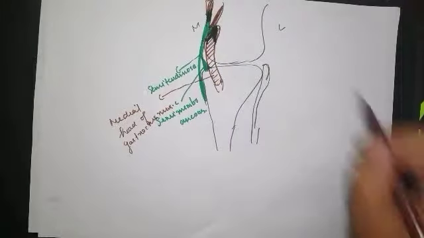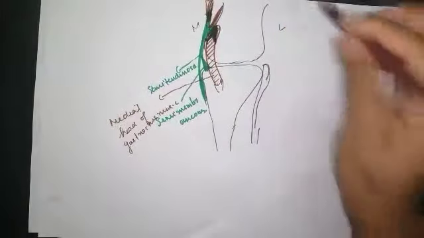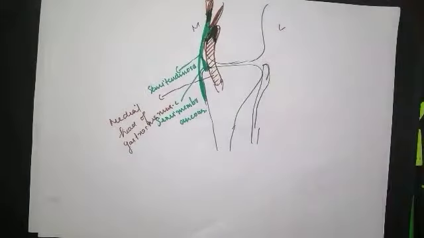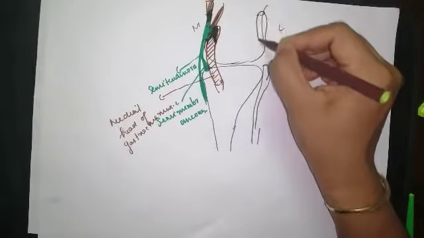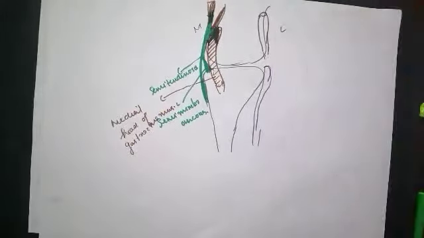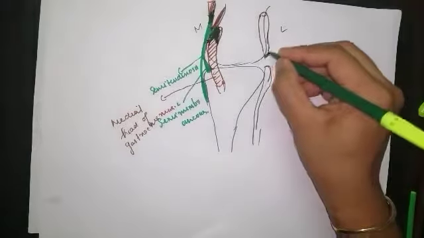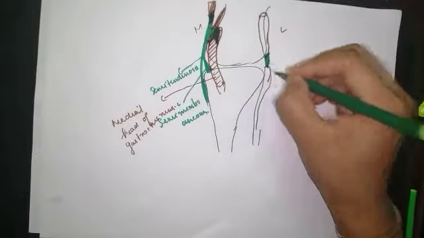and you can see laterally another tendon, another muscle like this. That is the biceps femoris muscle, with its tendon attached to the head of the fibula.